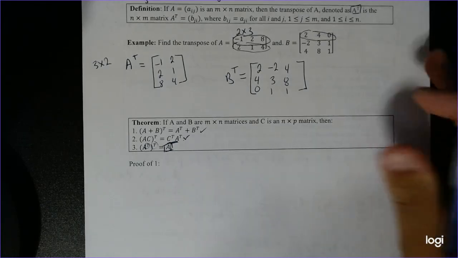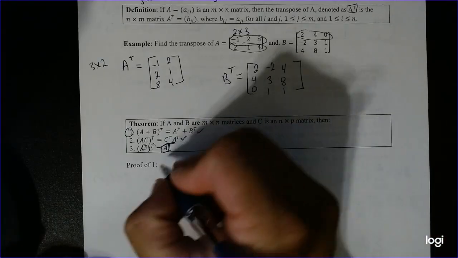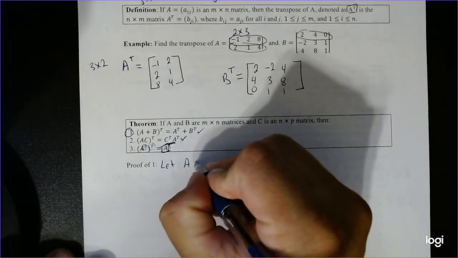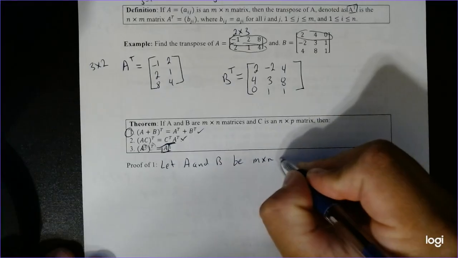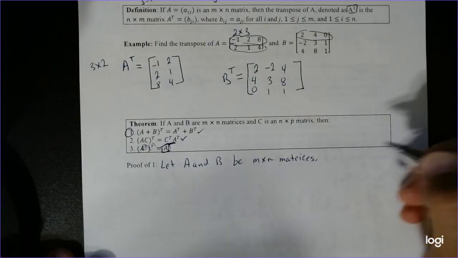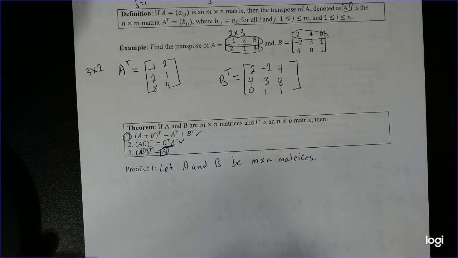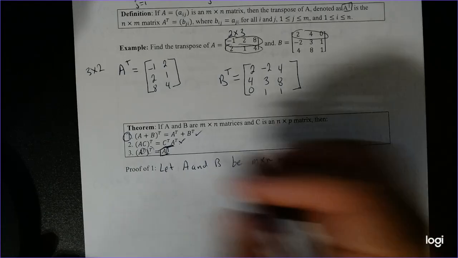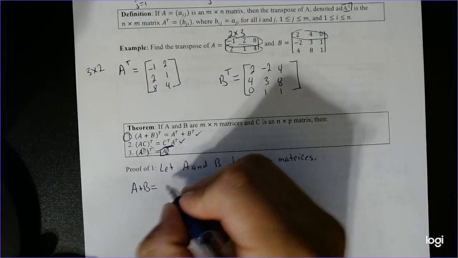Okay, so let's do the proof of theorem 1 here. Like everything else, let A and B be m by n matrices. I'll start from here.